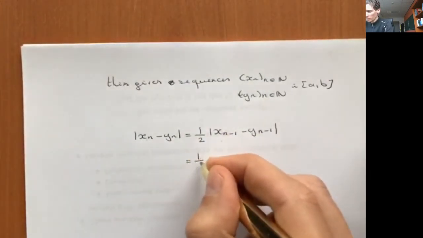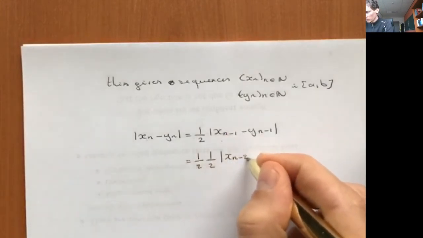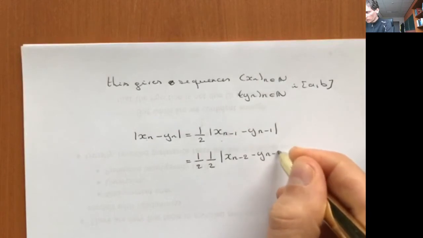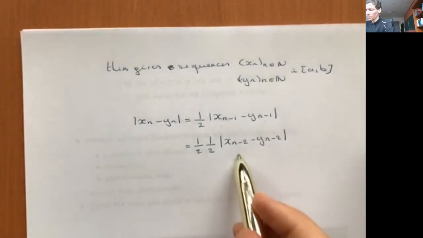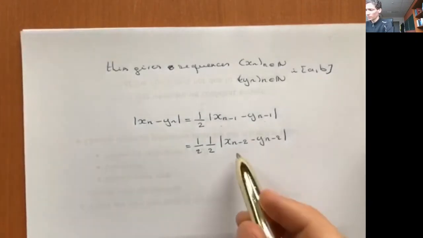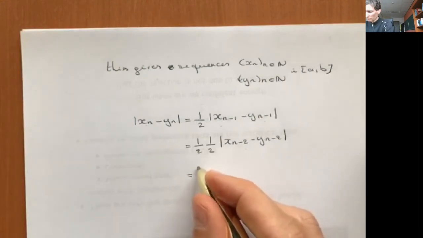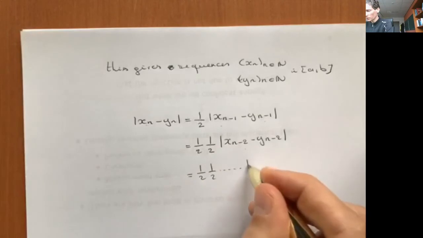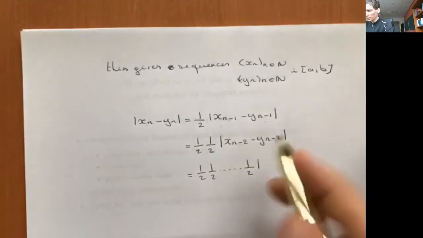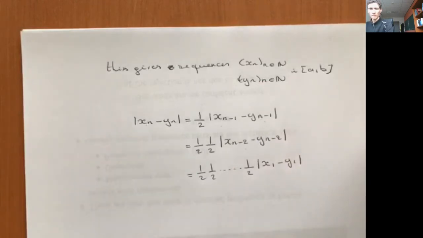And xn minus 1, yn minus 1 is 1/2 of xn minus 2, yn minus 2. We can continue doing this until we hit the bottom, so we will have 1/2 times 1/2 and so on times 1/2, and at the end we'll reach x1 minus y1.